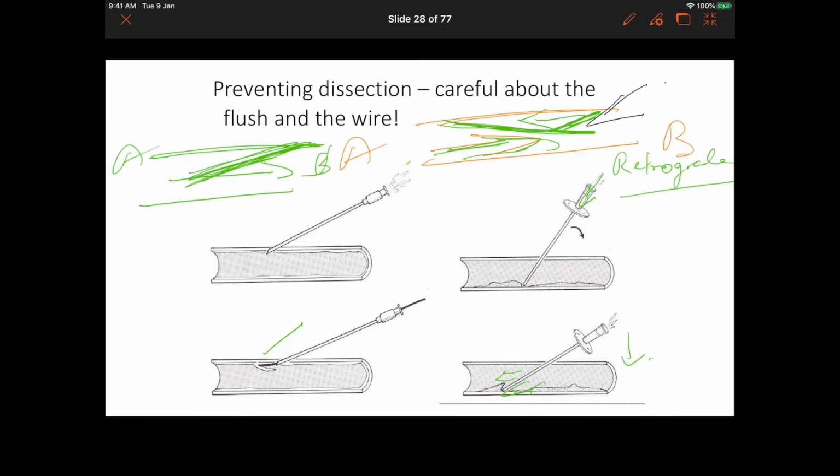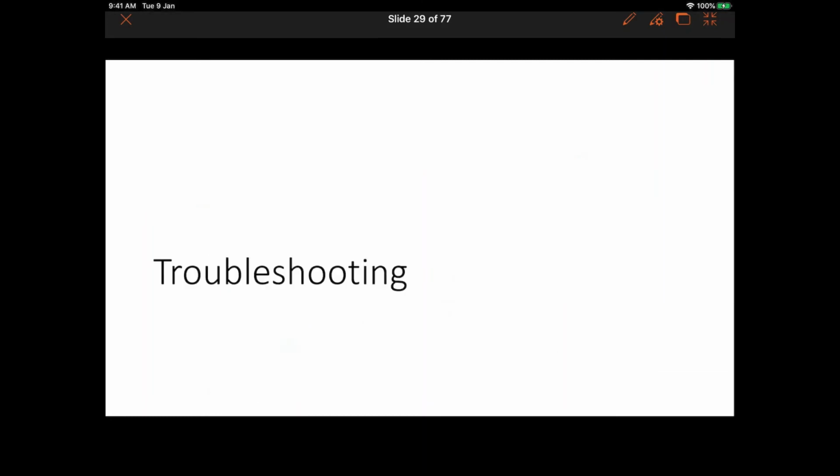So this is an anterograde dissection, and usually these need to be treated because they can result in acute vessel closure, and maybe they need to be treated by balloon dilatation or sometimes even a stent. So anterograde dissections are serious and they need to be tackled well. But all these complications, all this dissection, can be prevented if you are very careful.